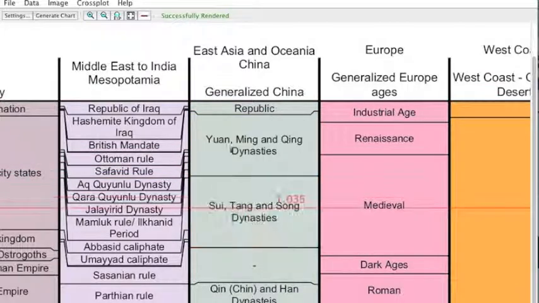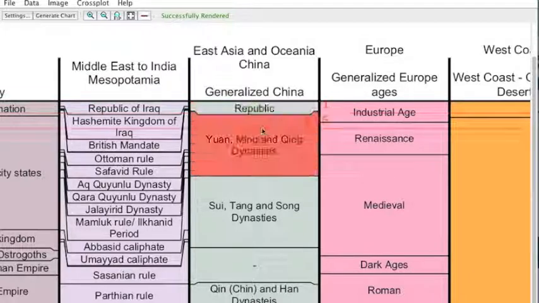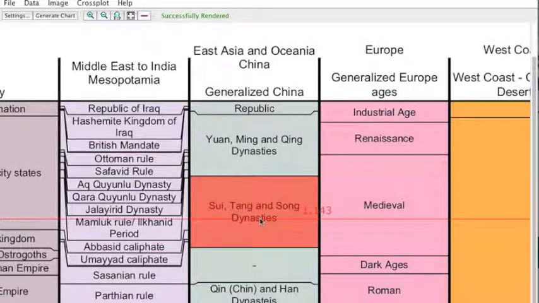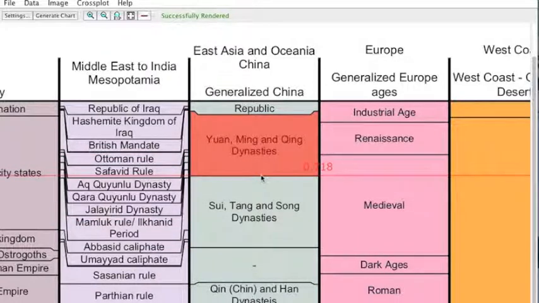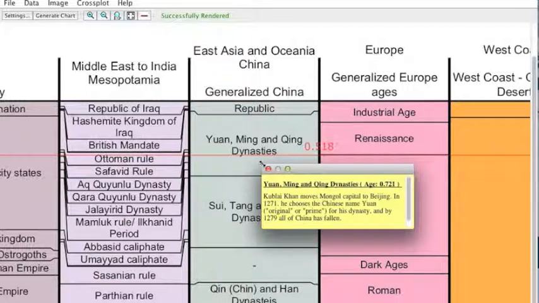Currently they have the Republic of China, and then just before it, they have the Yuan, Ming, and Qing dynasties. When did it start? It started 718 years ago.